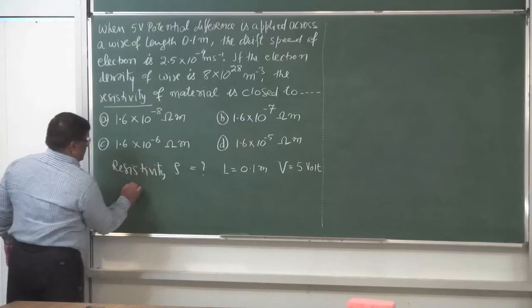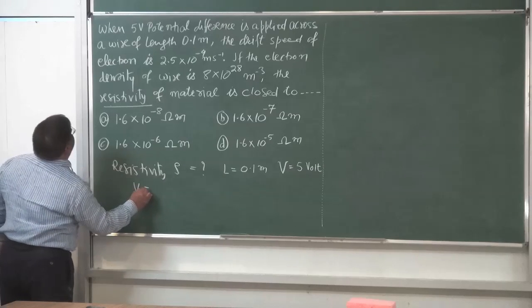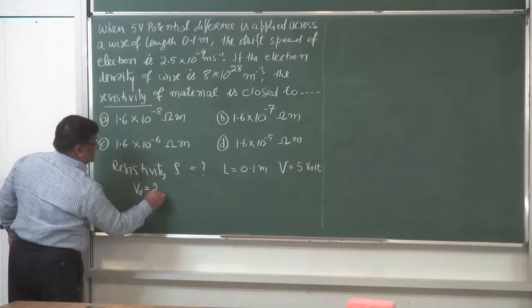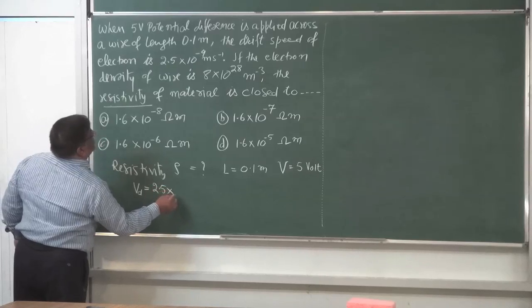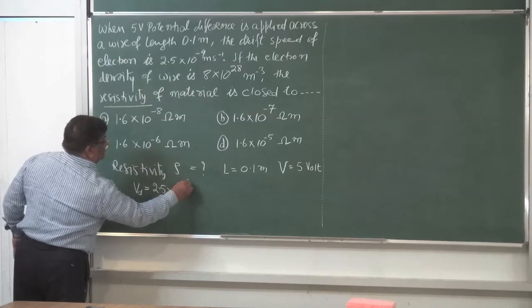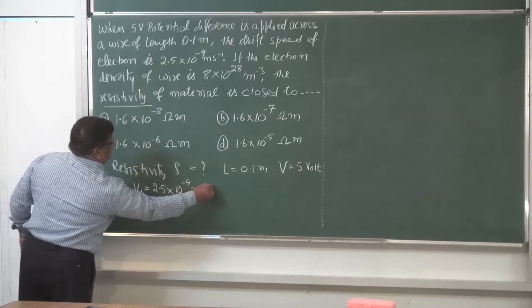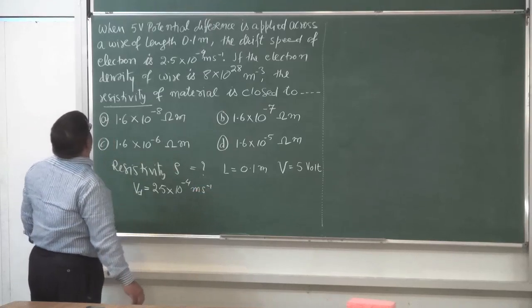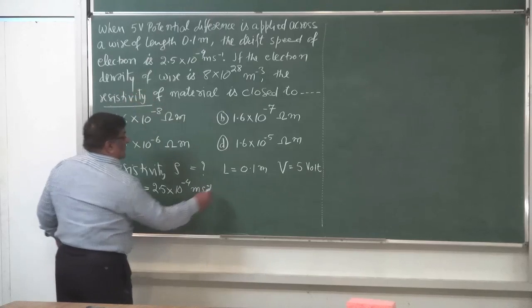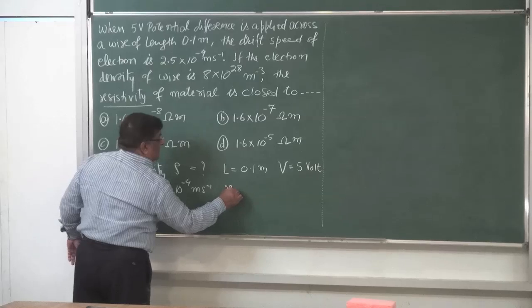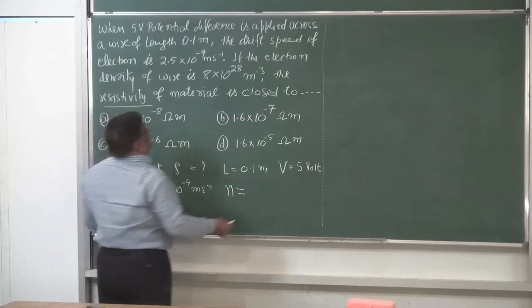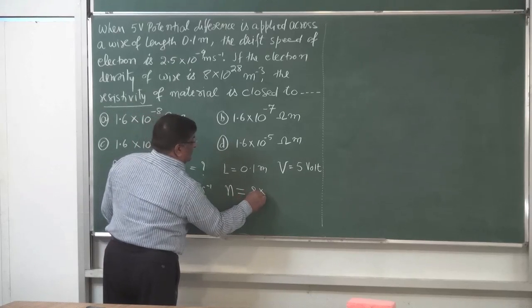Drift speed of electron is 2.5 into 10 to the power minus 4. The electron density, we remember it is small n, is 8 into 10 to the power 28.